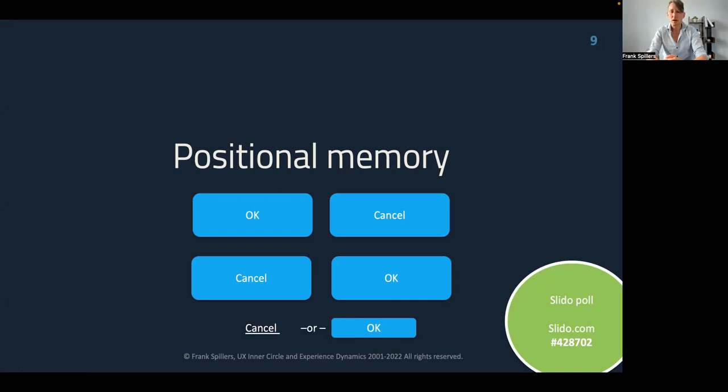The real answer to this question is none of these are more correct than the other. What I mean is, and this has to do with positional memories, where you place things. Should the progressive action be on the left? Should the progressive action be on the right?